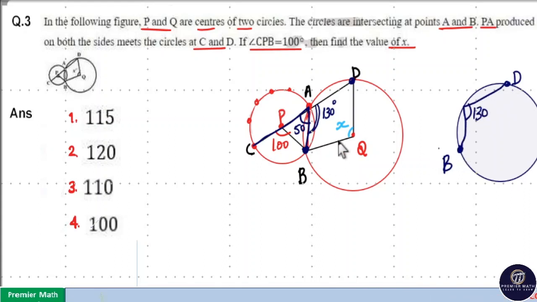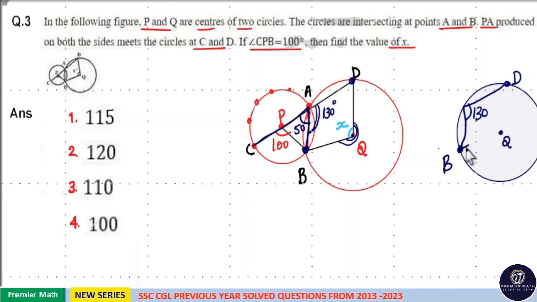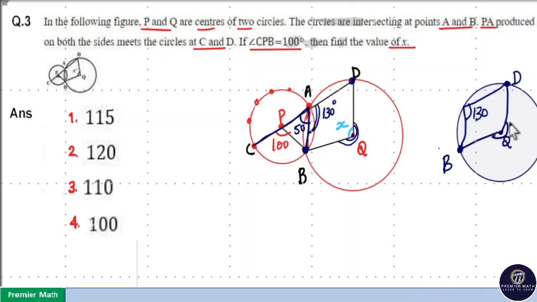Now you can see this reflex angle BQD is created at the center of the circle by this arc BD. That is, this arc BD at Q creating reflex angle BQD, which will be equal to 130 into 2, that is 260. Because here BD creating angle 260 at the center of the circle.